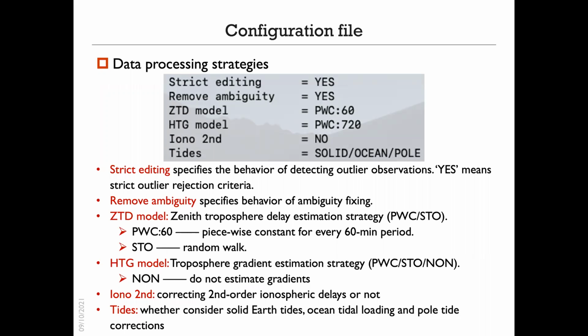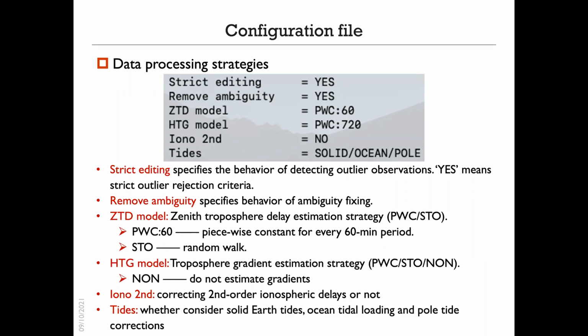But if you have short periods of data, for example, just 1 hour or 30 minutes or 2 hours, then you need to use the variance covariance matrix to search for the correct integer candidates for your ambiguities. So this process will be complicated, and sometimes it will be risky. I will show you some examples later on for the ambiguity fixing strategies.